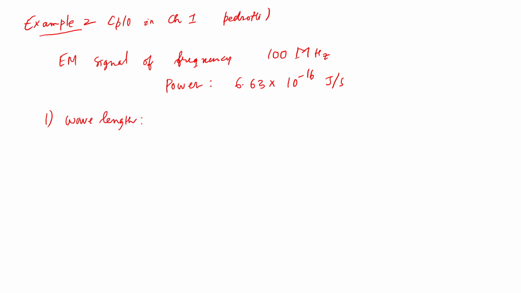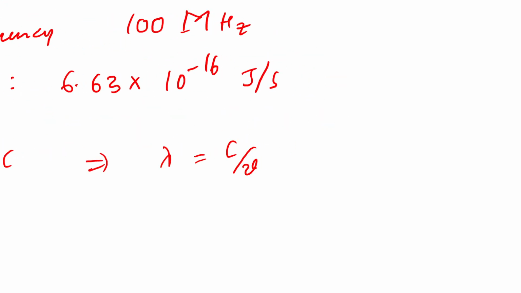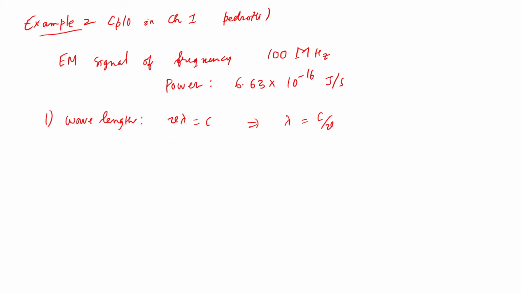You're given the frequency, so you know that nu lambda, frequency times wavelength, is equal to the speed of light, which implies wavelength is equal to c by nu. So c is 3 times 10 to the power 8 meters per second, and you have 100 megahertz, which is 100 times 10 to the power 6 hertz.